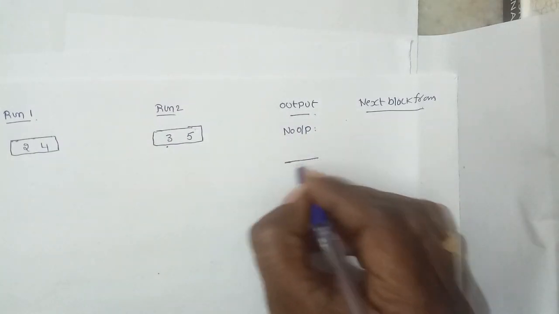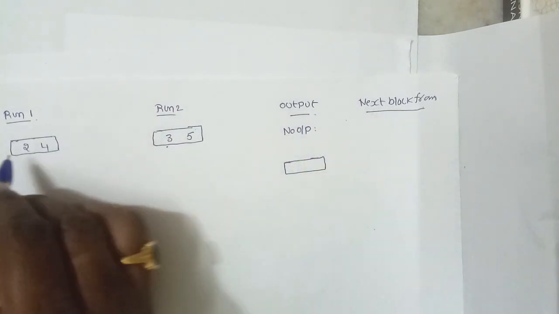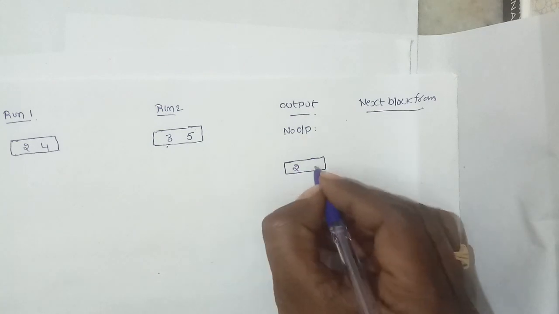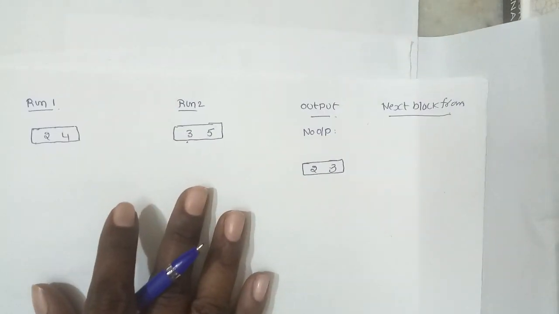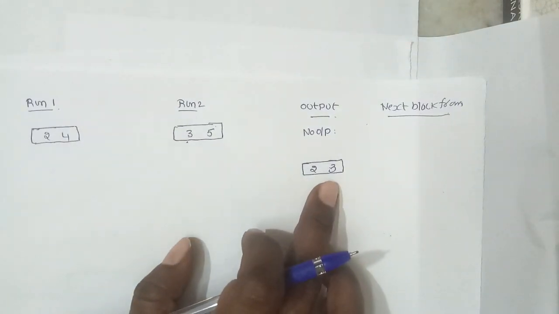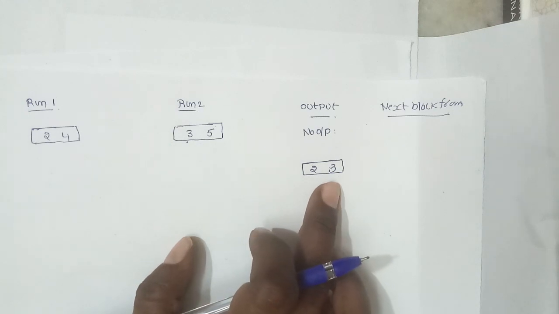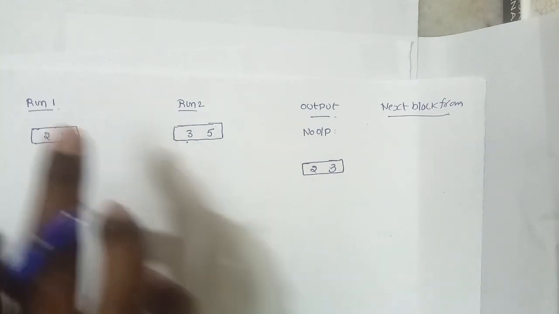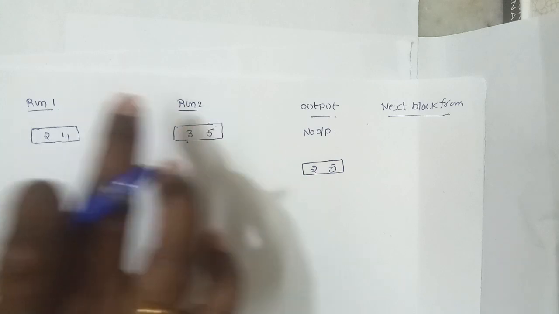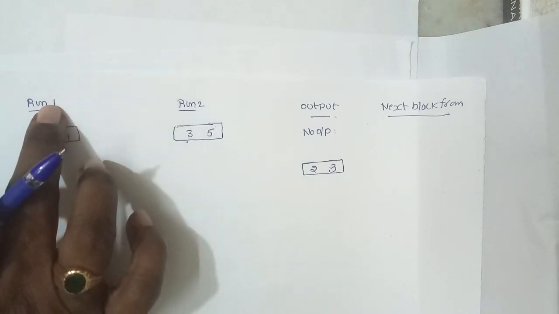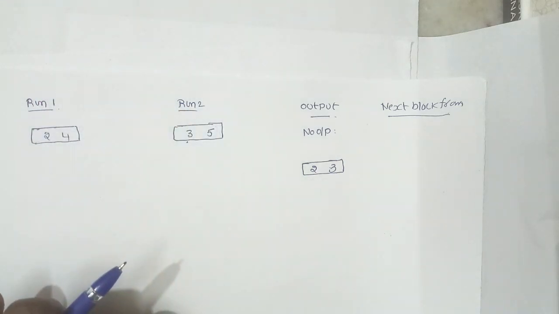You know that simply by performing merge, the output is 1, 2, 3. But to perform the merge operation in parallel with the read operation, which buffer is to be read? That is, we have to read information from run 1 or run 2. That is the important point.